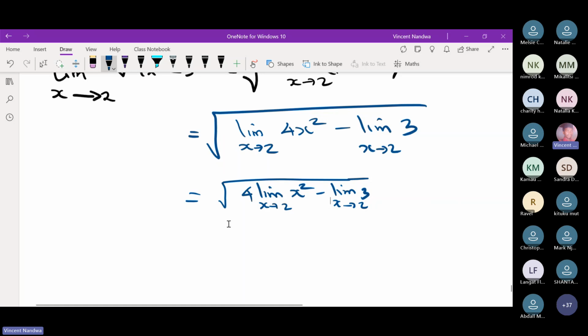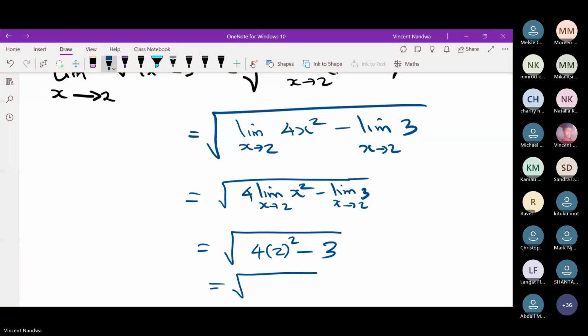So the first limit is 4 times 2 squared, and then the limit of 3 is 3 because it's a constant. So 4 times 2 squared minus 3 gives 16 minus 3, which is the square root of 13. Just leave it in surd form, it's okay.